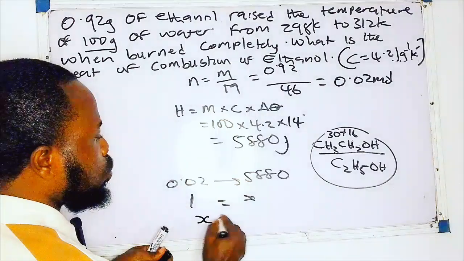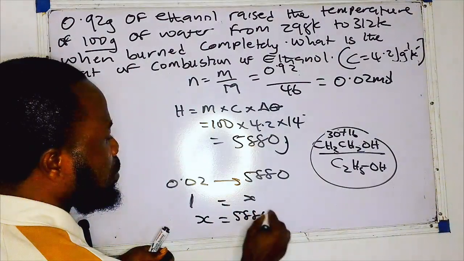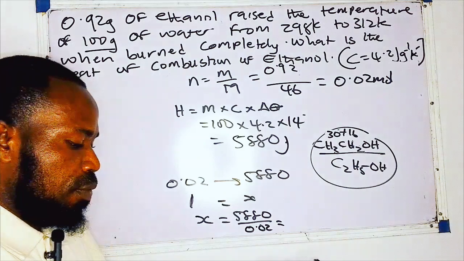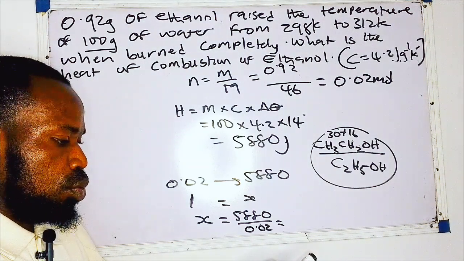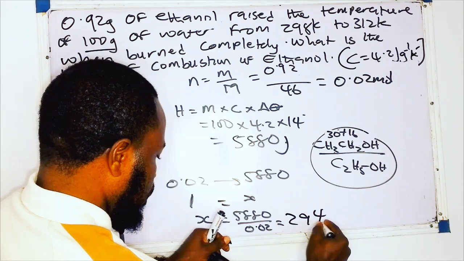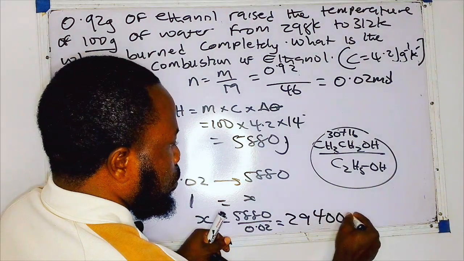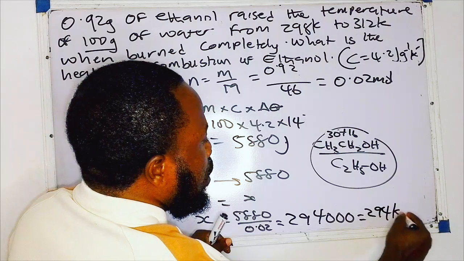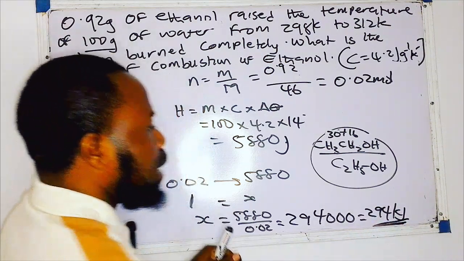Cross multiply. X will be equal to 5880 divided by 0.02, which gives 294,000. That means we have 294 kilojoules.